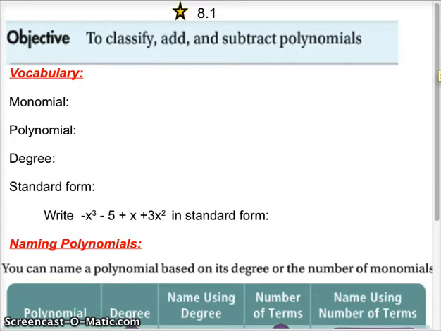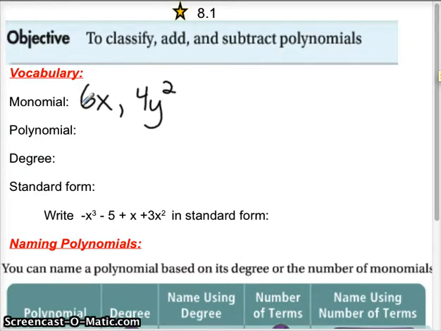First, a monomial. So a monomial, all it means is a variable multiplied with its coefficient. So what I'm talking about here is something like 6x is a monomial. It is a variable multiplied by a coefficient. You could have 4y squared.